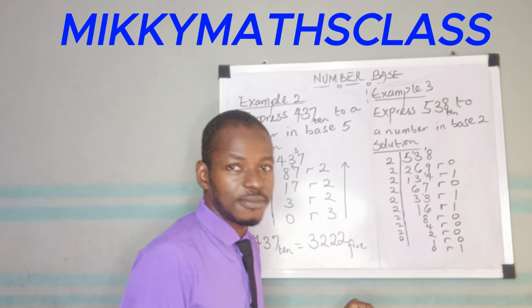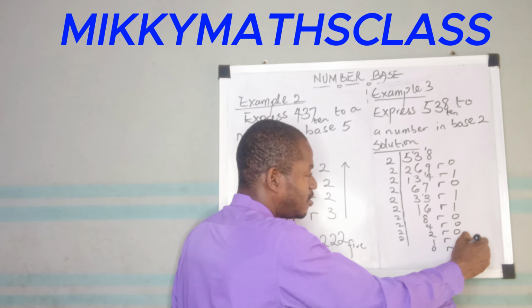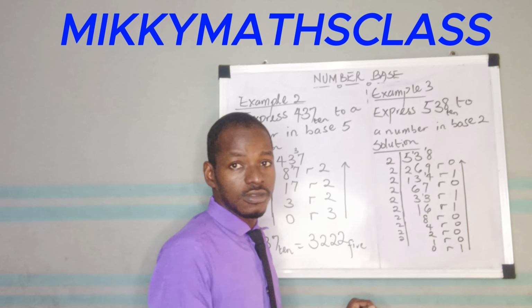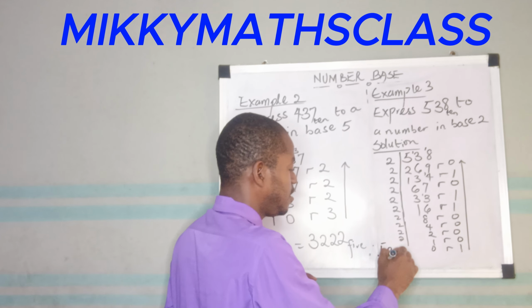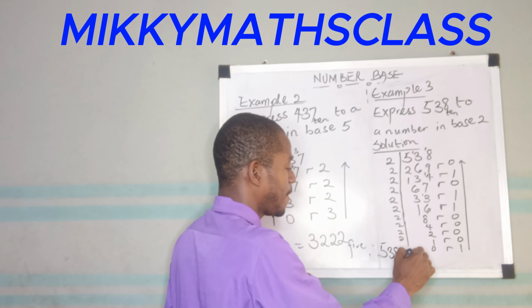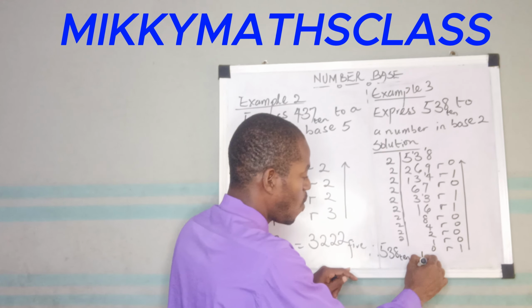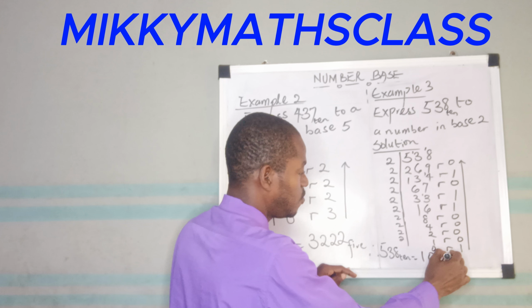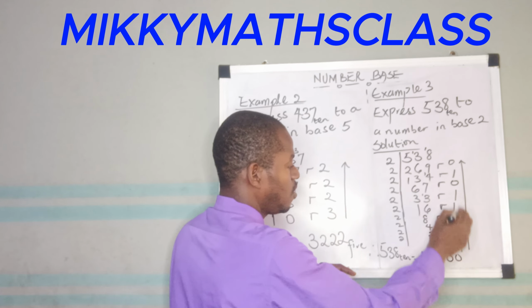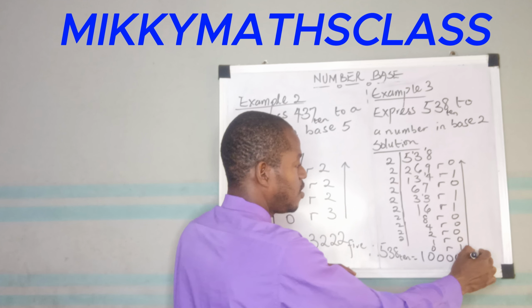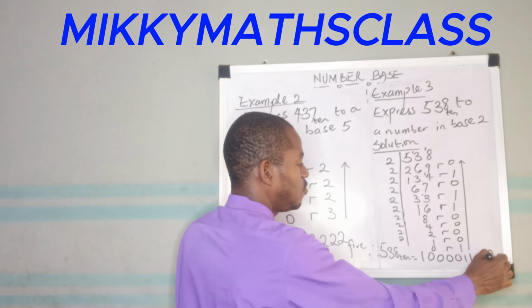What's the next thing to do? Your guess is as good as mine. We'll read it downwards, upwards. So therefore 538 base 10 equals 1 0 0 0 0 1 0 1 0 base 2.